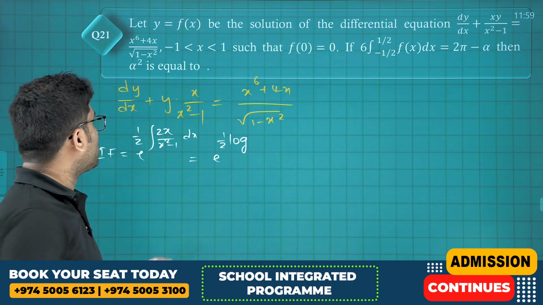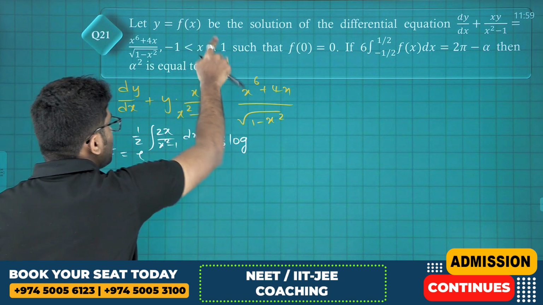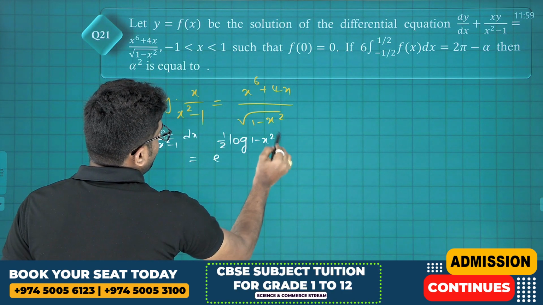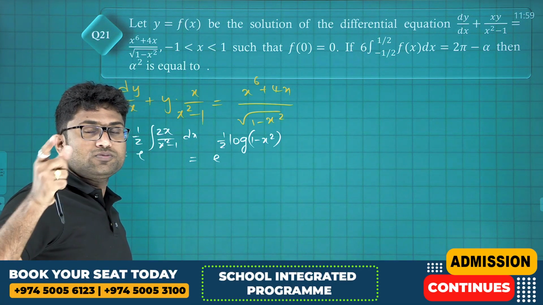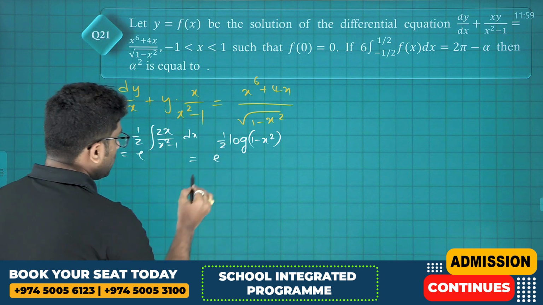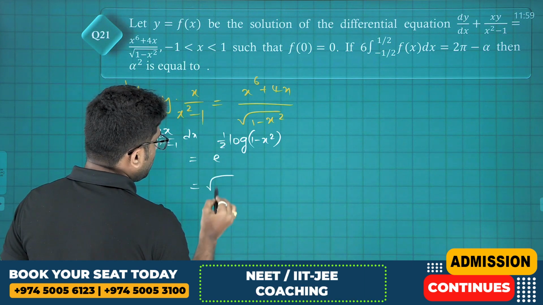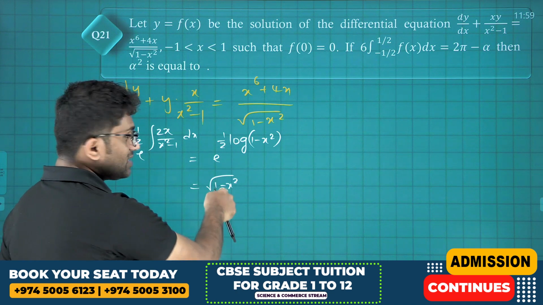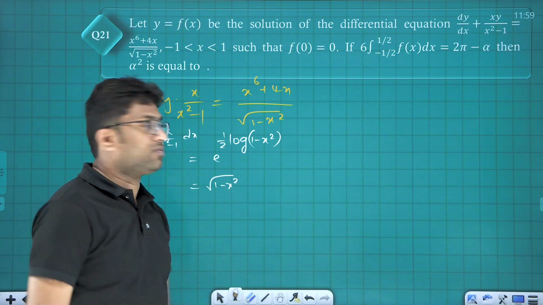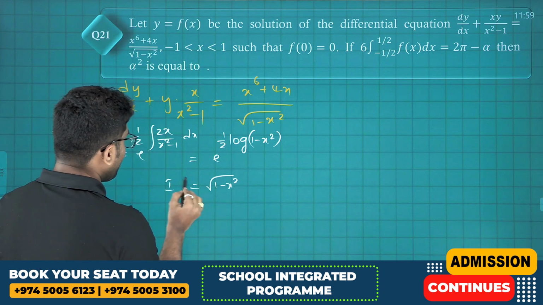This is very important friends. X belongs to minus 1 to 1. So it is 1 minus x square, not x square minus 1. Because domain of logarithm should only be positive, no? So e power half log is root over 1 minus x square. Majority of the students make mistake. They write this as root over x square minus 1. So this is IF now.